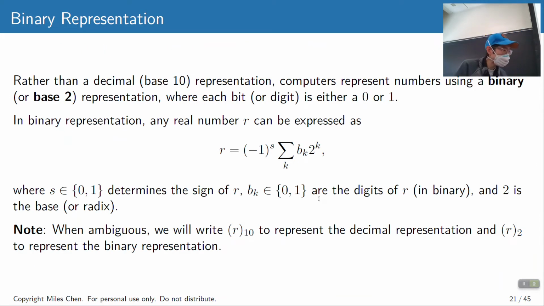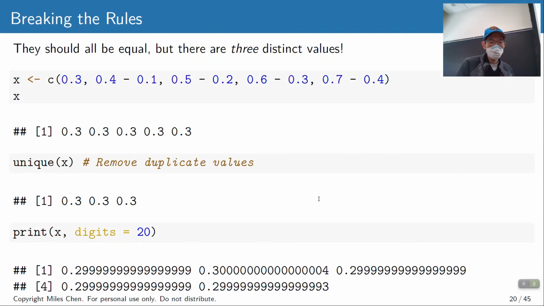So let's talk about how the computer stores these values in memory in this binary representation, because the lecture doesn't end with just everything breaks.